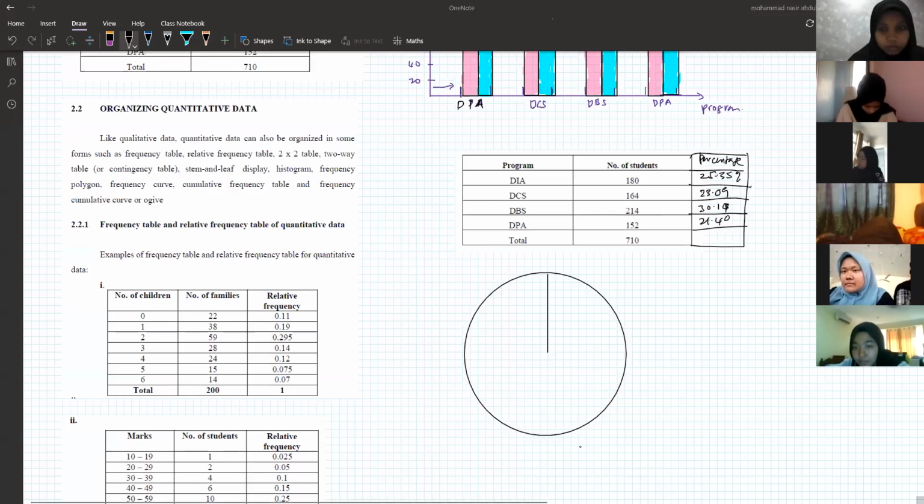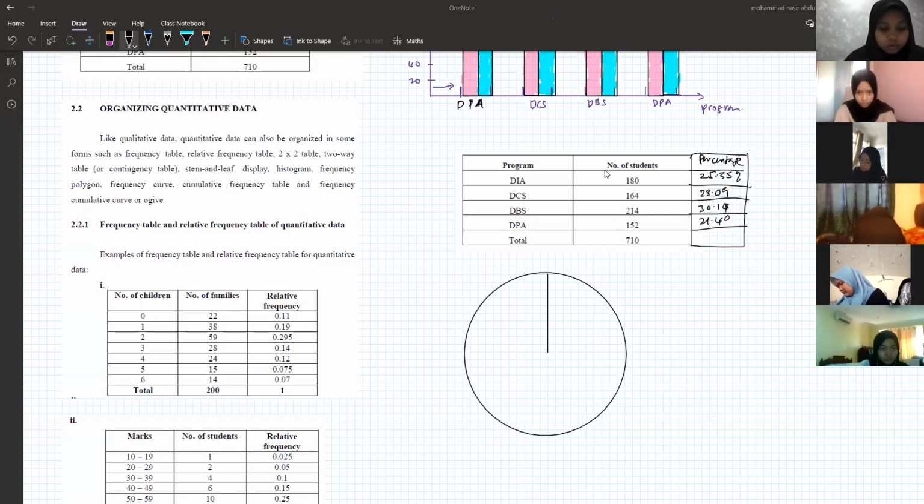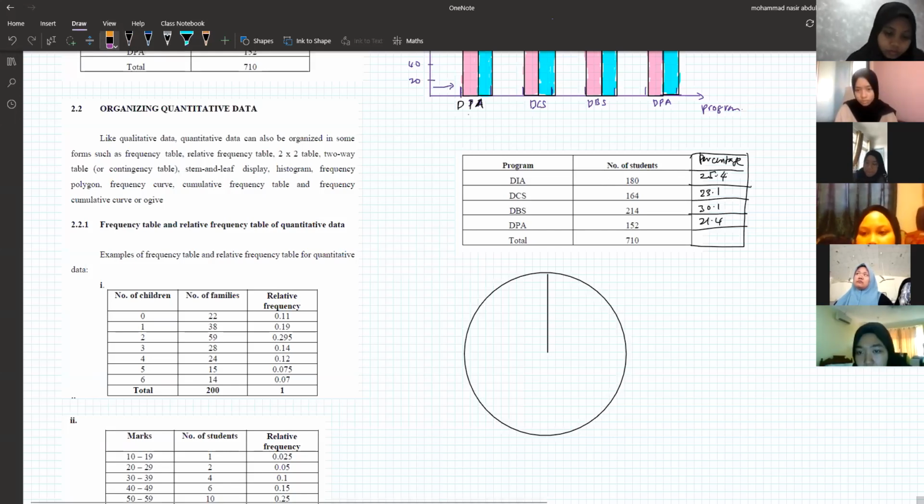So let us calculate the total value. It should have 100%. If you don't get 100%, then you need to round off something. So let's say I round off this one to 25.4, and this is 23.1, and this is 30.1, and the last one is 21.4.